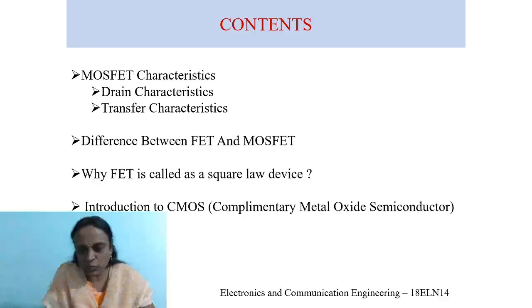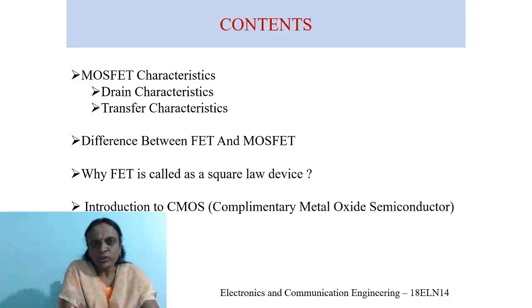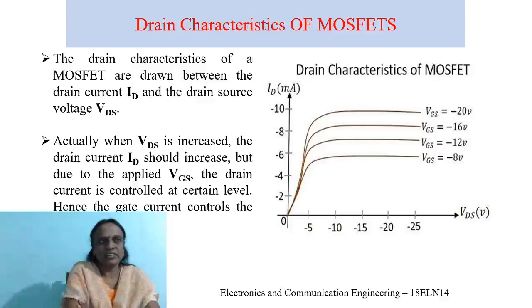One important question that arises is why FET is called a square law device. Later on, knowing the features of JFET and MOSFET, we'll move on to CMOS, that is, the introduction to CMOS, complementary metal oxide semiconductor.